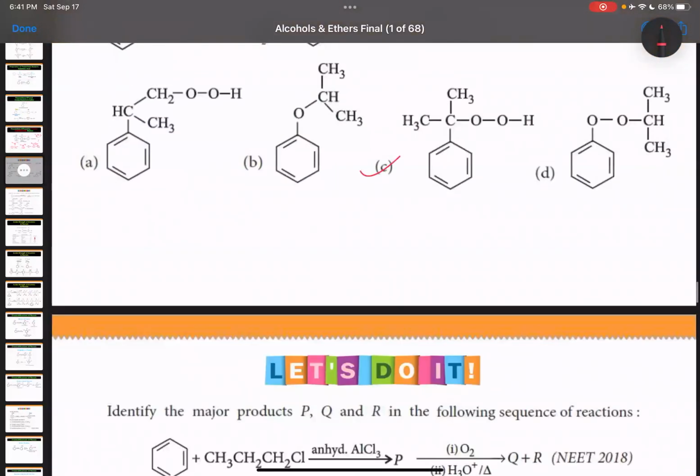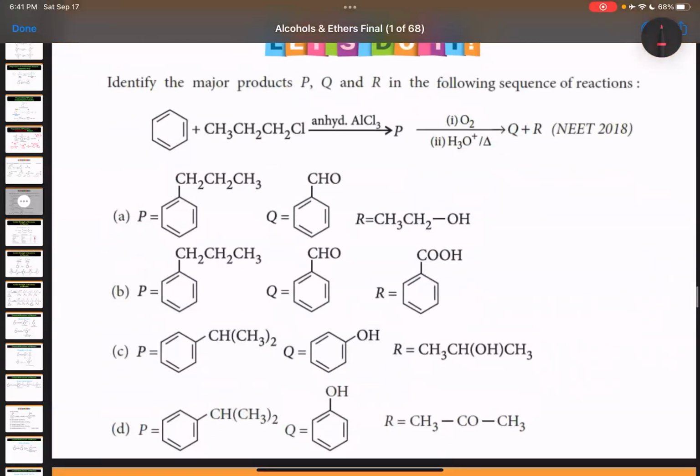Yeah, it is option C. And what about this one? This is also option C.